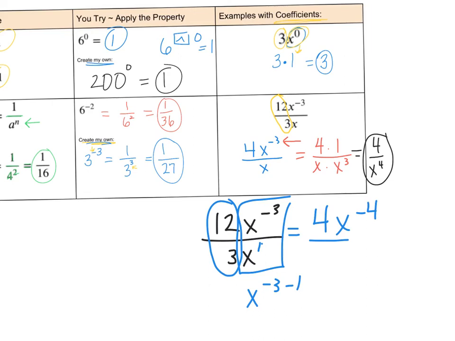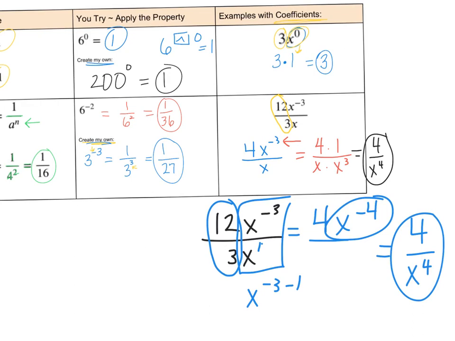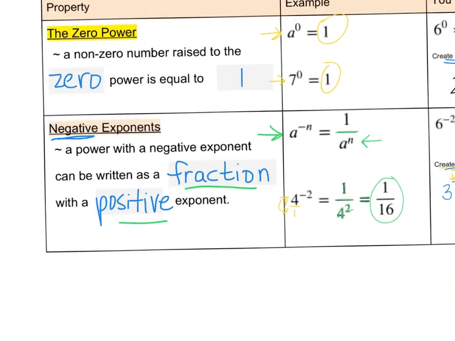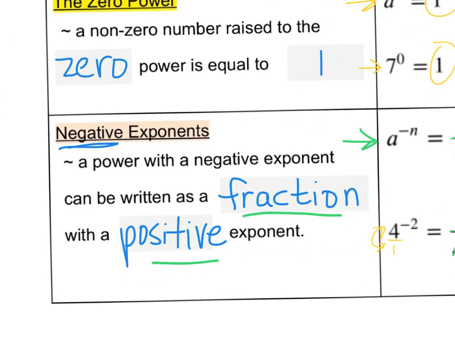And then I'd have to move all of those to the denominator to make them positive. So then it becomes x to the 4th. I don't want to confuse you too much because it's brand new. The biggest thing is if you see that negative exponent, know that you can rewrite it as a fraction with a positive exponent. And we'll do lots of examples with this.